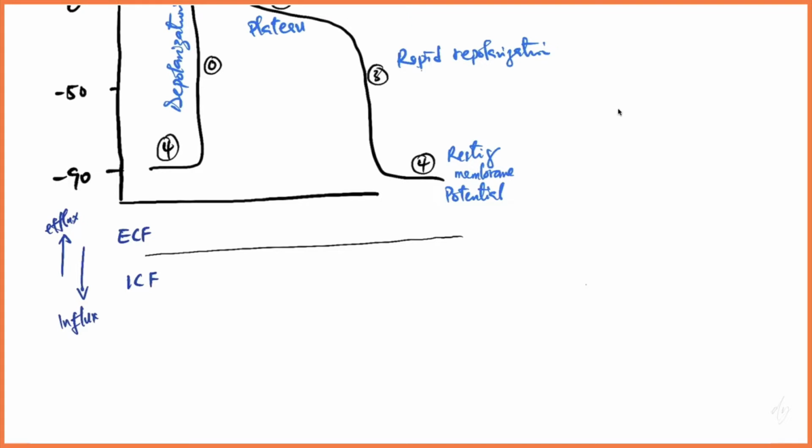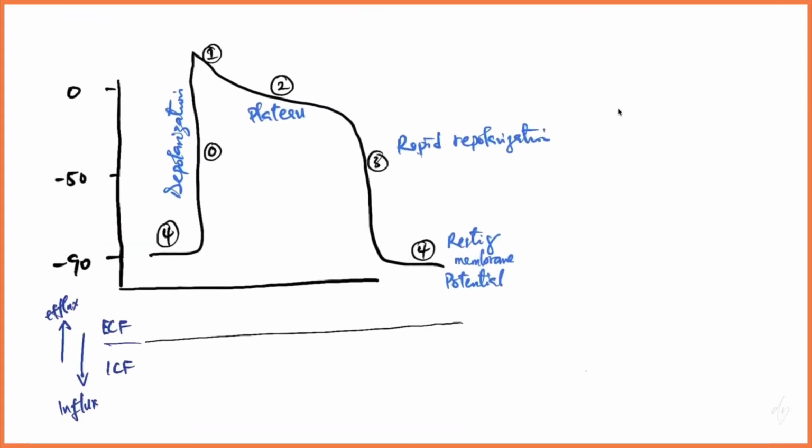Right, let's talk about phase 4. Phase 4 is resting membrane potential. The question becomes, what is responsible for the resting membrane potential? Or what is going on in phase 4?